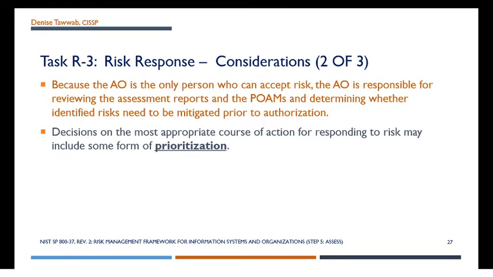The four security risk factors, as a reminder, are threat, vulnerability, likelihood, and impact. Because the authorizing official is the only person who can accept risk, the authorizing official is responsible for reviewing the assessment reports and the POAMs and for determining whether identified risks need to be mitigated prior to authorization. Decisions on the most appropriate course of action for responding to risk may, of course, include some form of prioritization. More often than not, there are going to be priorities and trade-offs that have to be made.